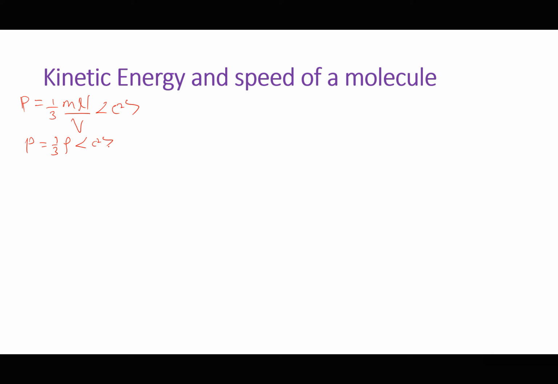Remember, this is the mean square speed of molecules, not of a single molecule. Now we want to derive an expression for the kinetic energy and the speed of a molecule.